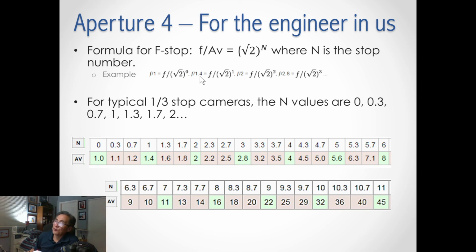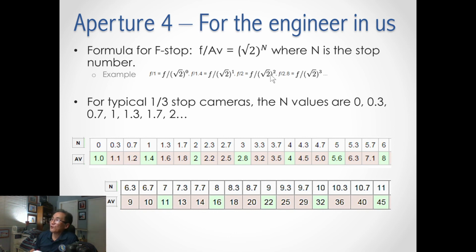Everybody makes one of those. So with a 1.4, that's a 1 f-stop, meaning that you only let half the amount of light into the sensor through the lens. So f-stop, the n number is 1. You plug it in square root of 2 to the 1 power, you get 1.4, and that's why you got a weird number, because it got square root. Square root of 2 is 1.4.